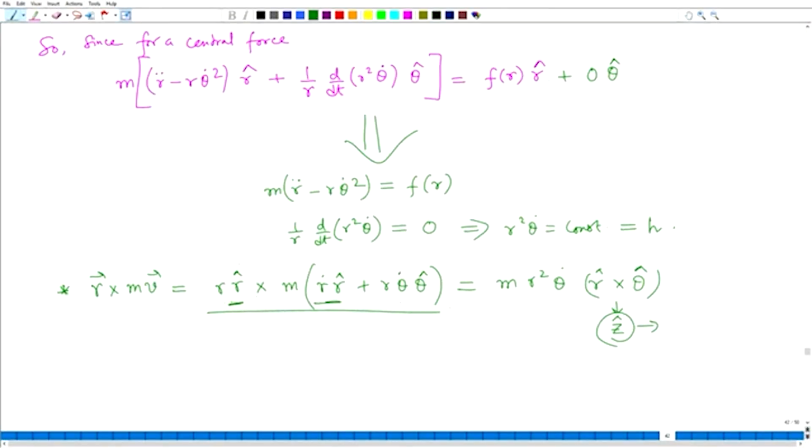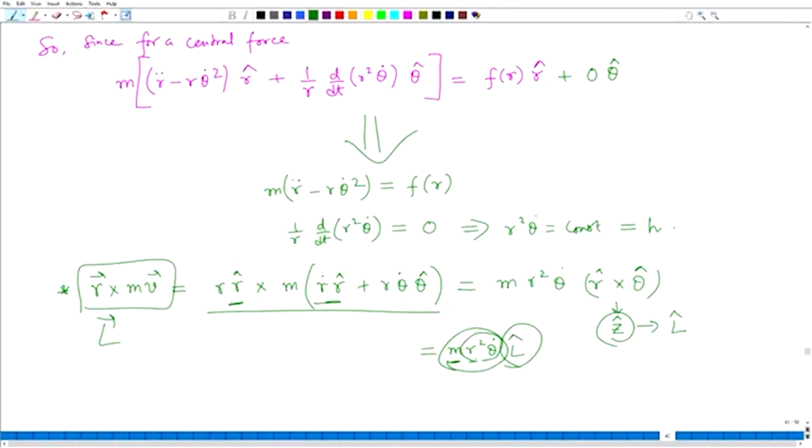So, you can easily say this is nothing but the L cap direction. So, I just write this is equal to m r square theta dot L cap, without any surprise, because this is the L vector, and m is constant. So, it actually says r square theta dot is a constant, because angular momentum is a constant vector in a motion under central force. So, its magnitude is conserved. So, that is why r square theta dot is conserved.